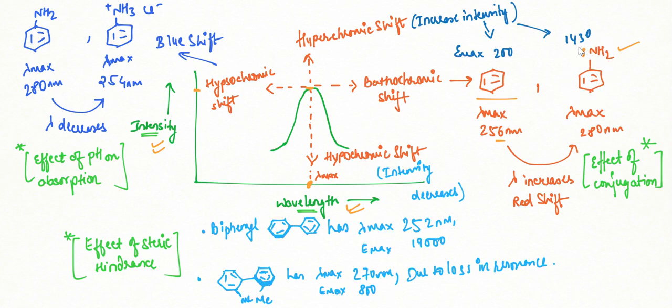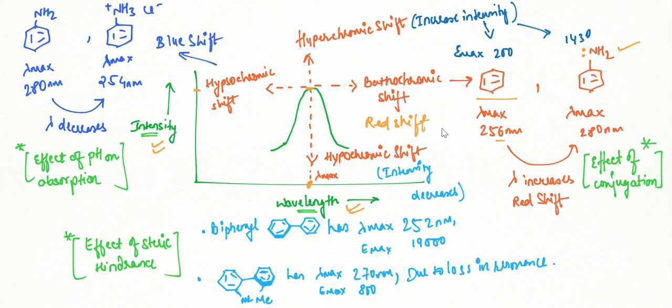The molecular orbitals have extended, and the electron density over the whole molecule has increased. That is why the intensity of absorption will increase, as well as the wavelength. This is called bathochromic shift or red shift. Why red shift?